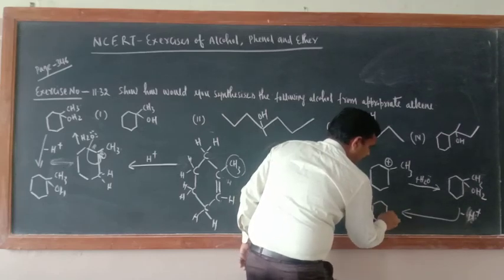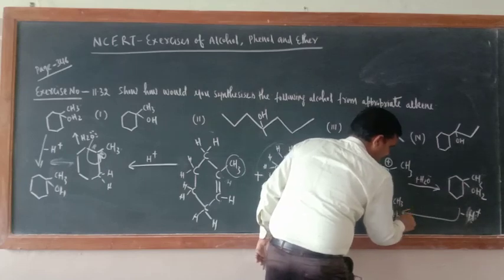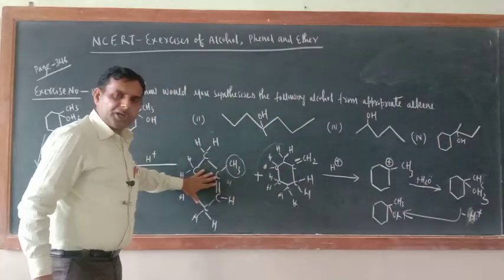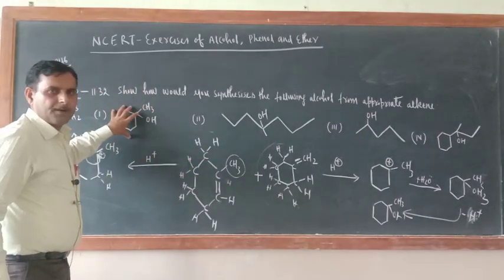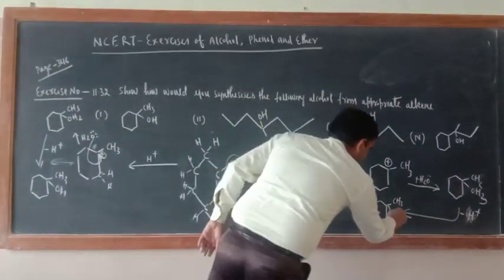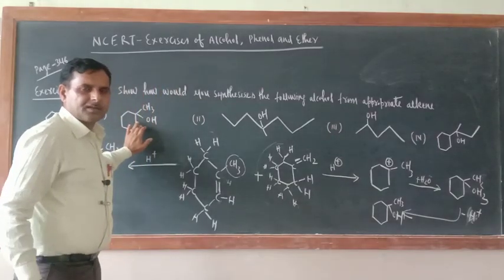Again you have got CH3 and OH here. Just see, both alkenes are equally probable for the formation of this alcohol. You have got the same alcohol from both alkenes, okay?